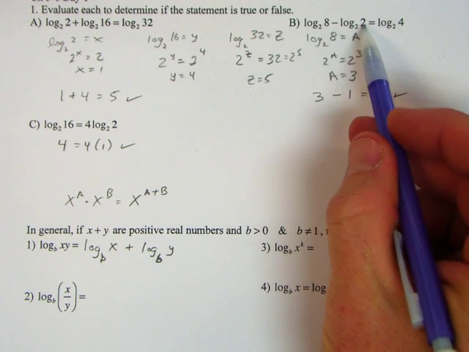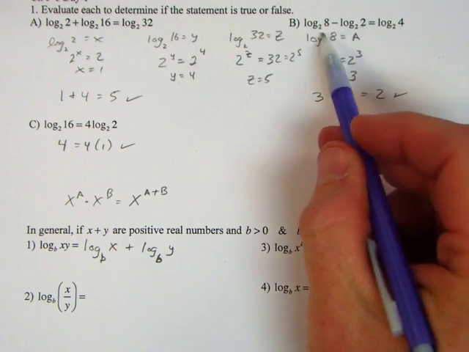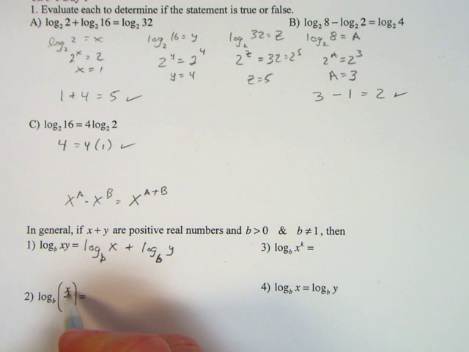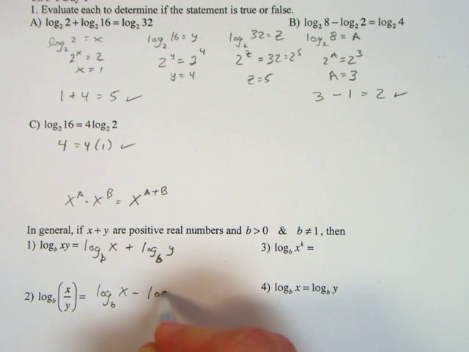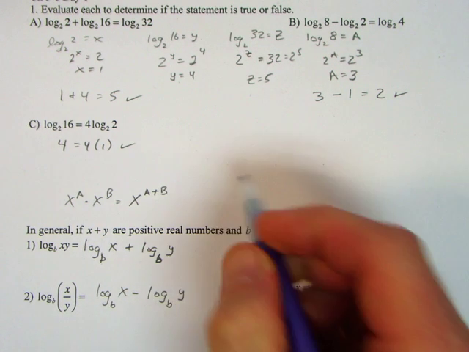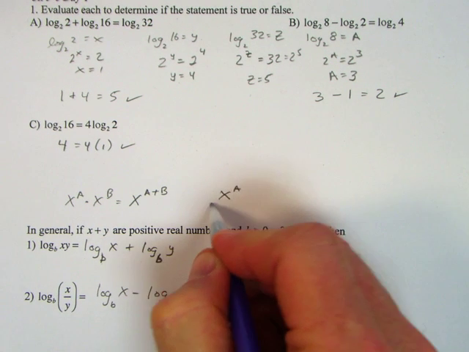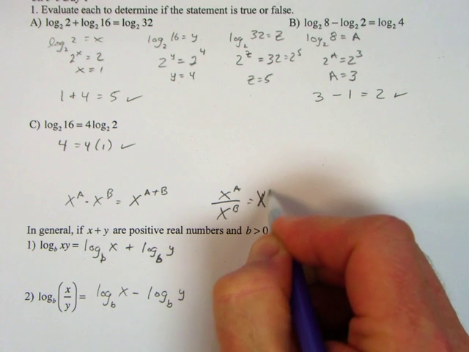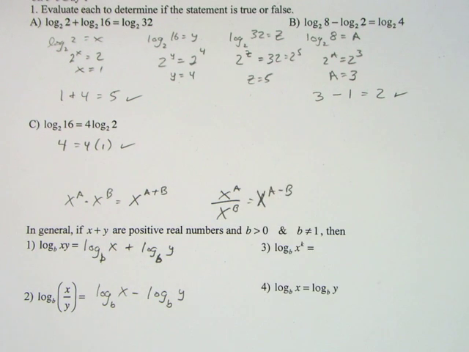What's the relationship between 8, 2, and 4? 8 divided by 2 is 4. So in other words, if we have log base b of x over y, it's log base b of x minus log base b of y. And that would be like our rule that says x to the a over x to the b equals x to the a minus b.